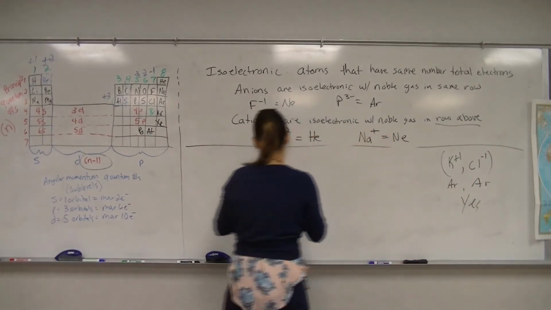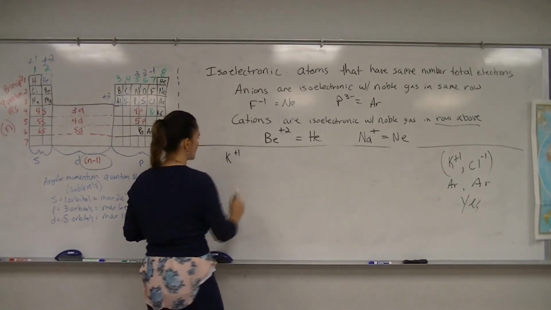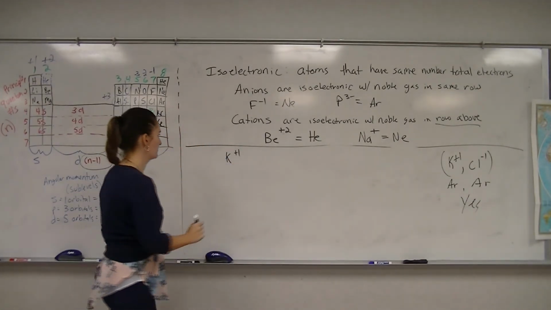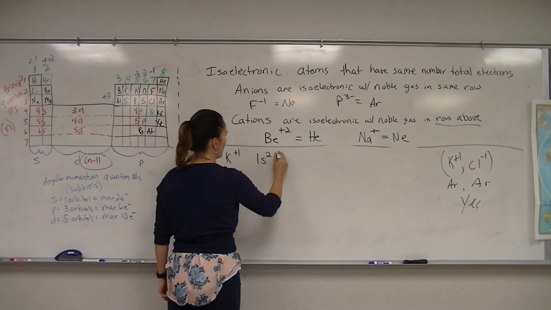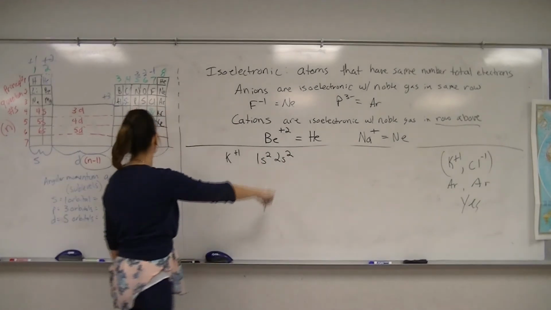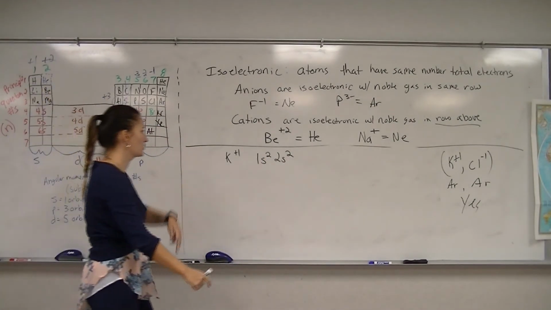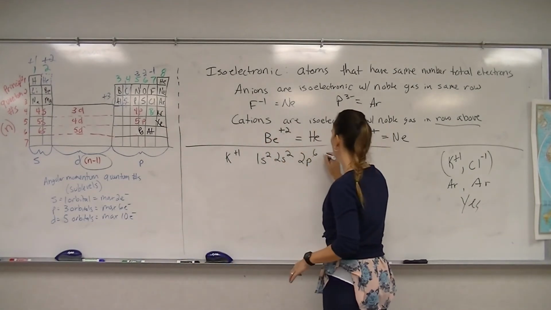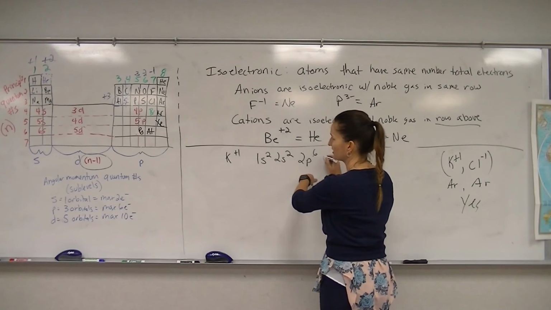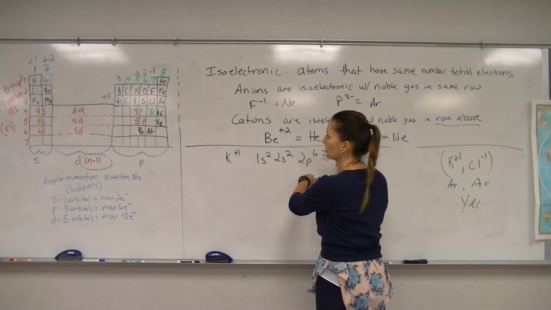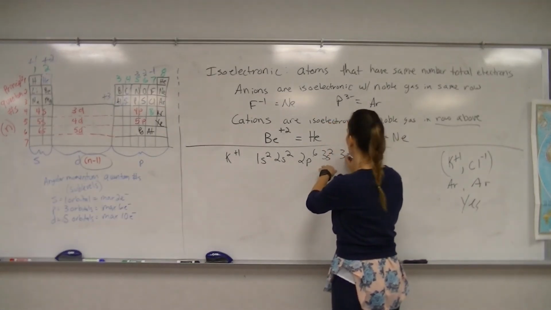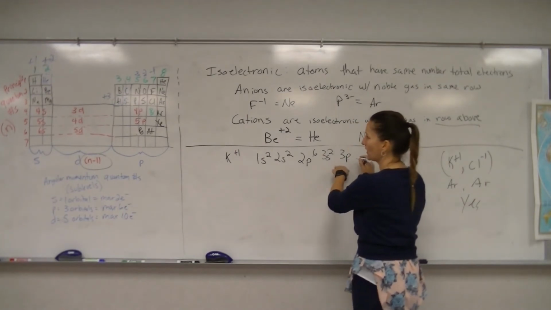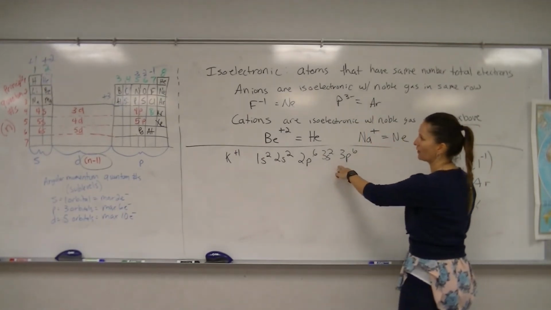Okay, so potassium with a +1. To write that electron configuration, we're going through 1s2, 2s2, 2p6, so on and so forth. 2p6 brings us to neon. 3s2 brings us to magnesium. Then we hit the 3p's. We go all the way through them, so 3p6, we're at argon.